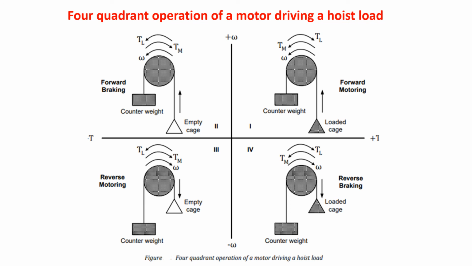So here if you take care, speed is negative, torque is negative, but power is positive. This is the reverse motoring operation. This is the 4 quadrant operation of a motor driving a hoist load. Thank you very much.